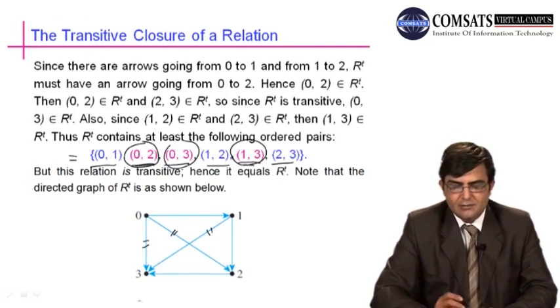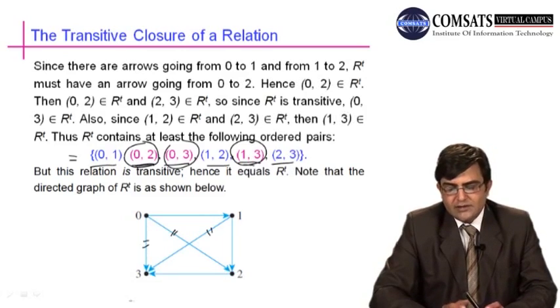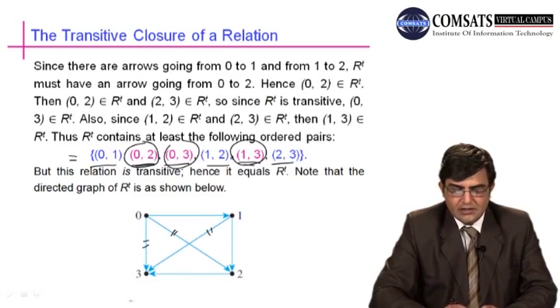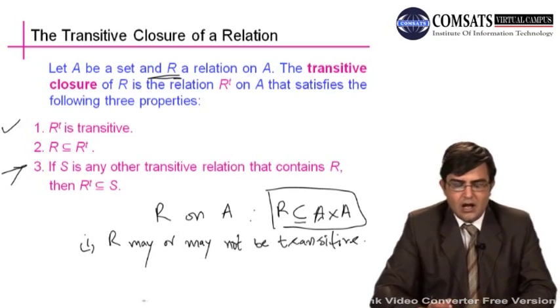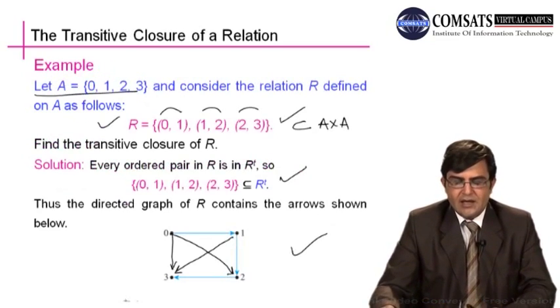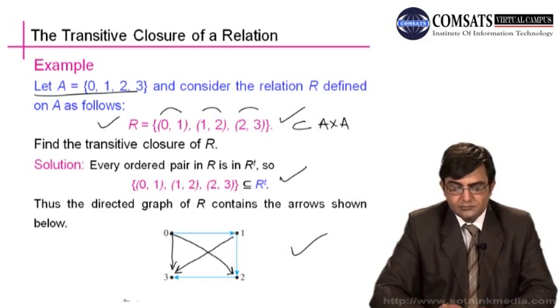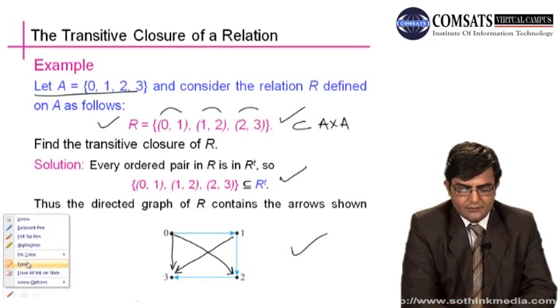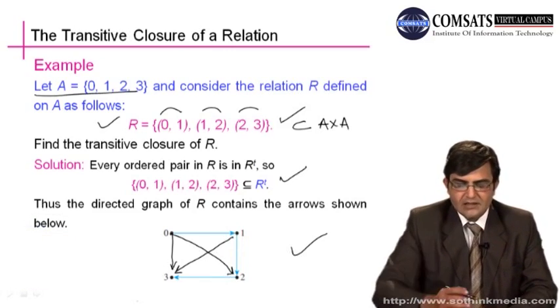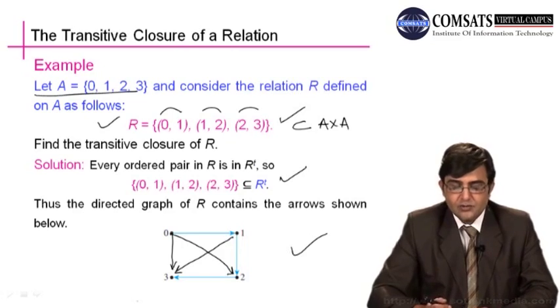Now one thing left to be checked is whether, if S is any other transitive relation that contains R, then RT must be a subset of S. As we can see, these three arrows are the least number of arrows which make the given relation R a transitive relation.